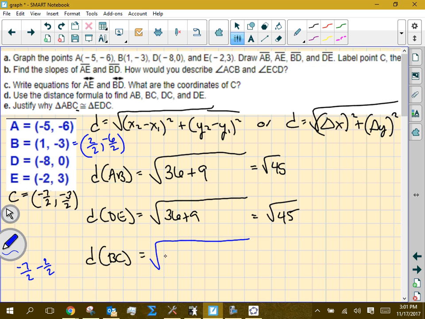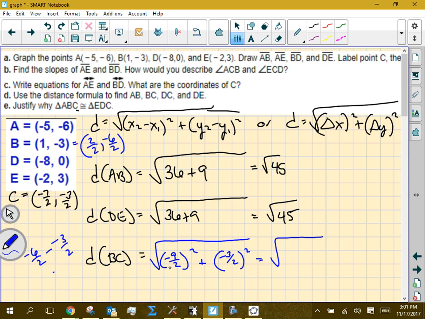So right now my x's are going to be negative 9 halves. We'll square that. Then we'll subtract my y's. Well, negative 6 halves minus negative 3 halves. That should give me negative 3 halves squared.